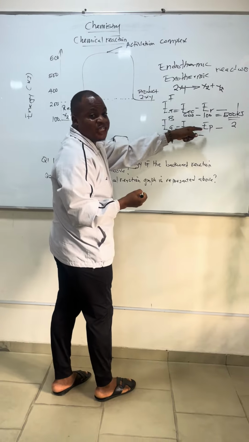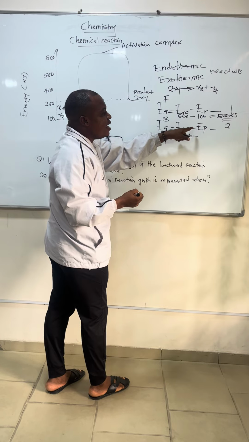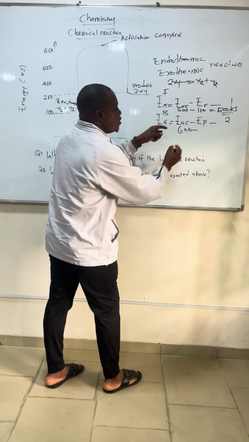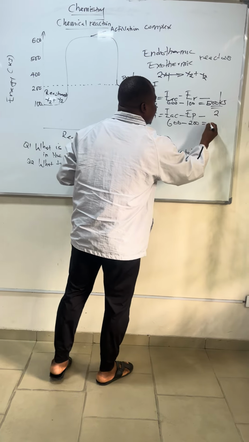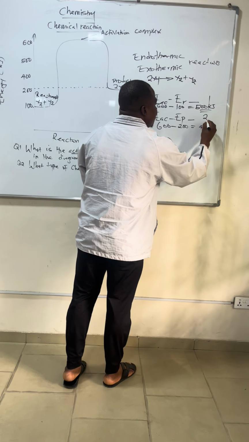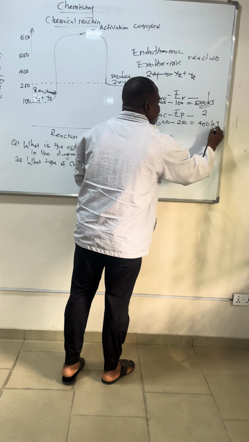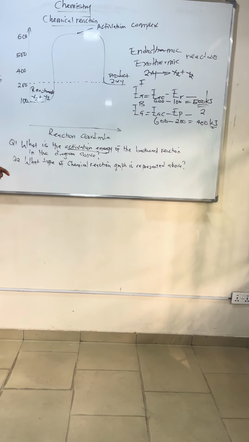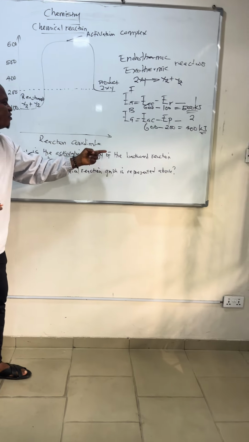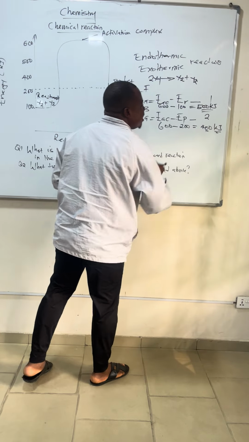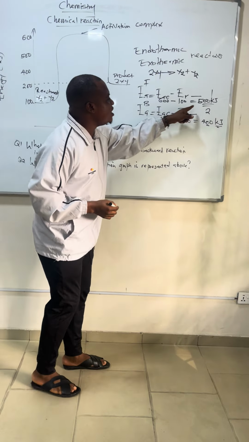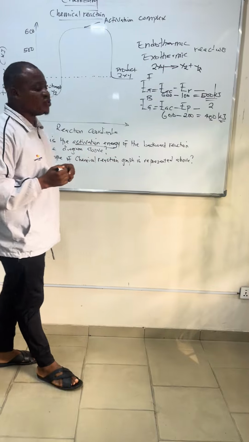EP means energy of the product. EP here is 200, which gives 400 kilojoules. So from the question, the activation energy of the backward reaction in the diagram above is 400 kilojoules. For the forward reaction it is 500 kilojoules.